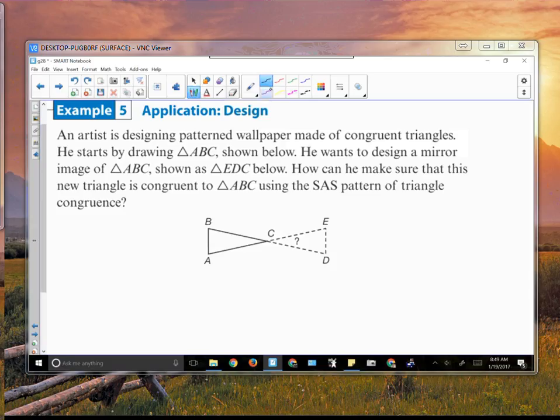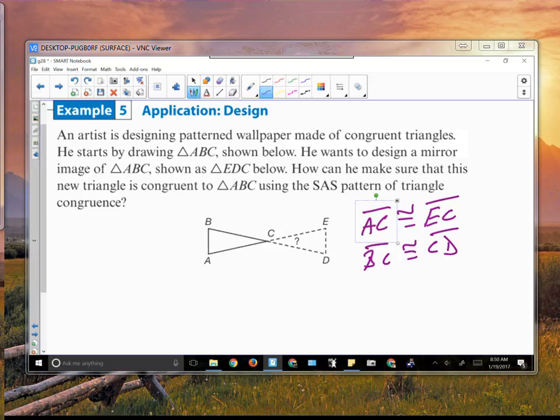Okay. So what I'm looking at here is I'd have to know that AC is congruent to EC, right? What else would I have to make sure of? Okay, we'd have to do the same thing for BC and CD.